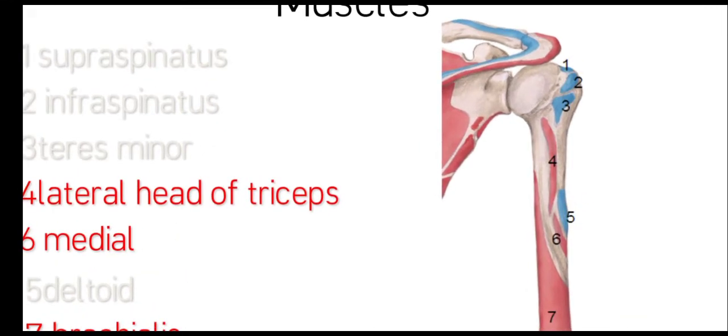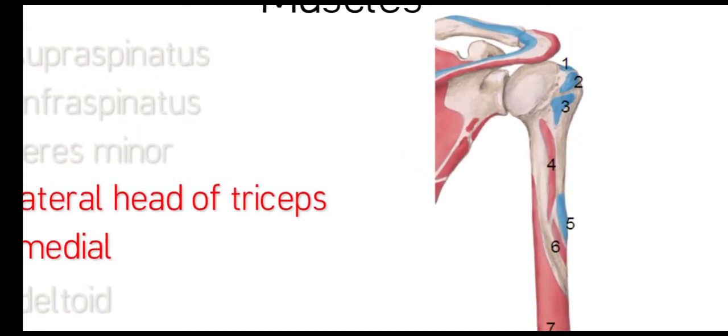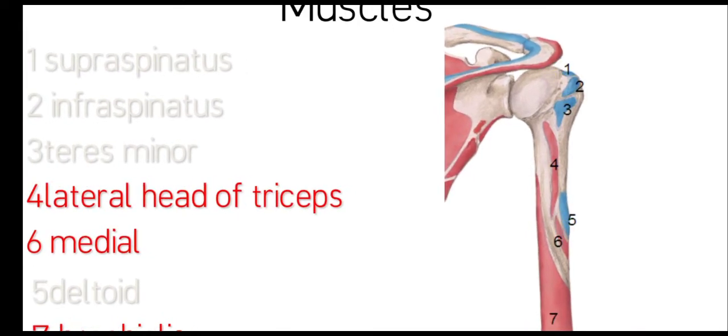On the posterior aspect, supraspinatus, infraspinatus, and teres minor muscle, these ones insert at the greater tubercle, whereas this muscle, the lateral head of triceps, inserts near the intertubercular groove.